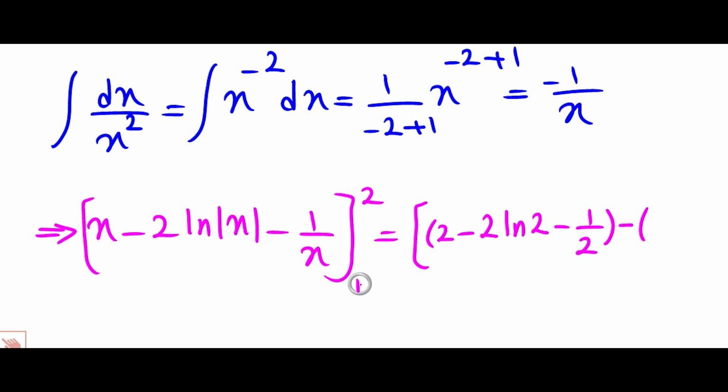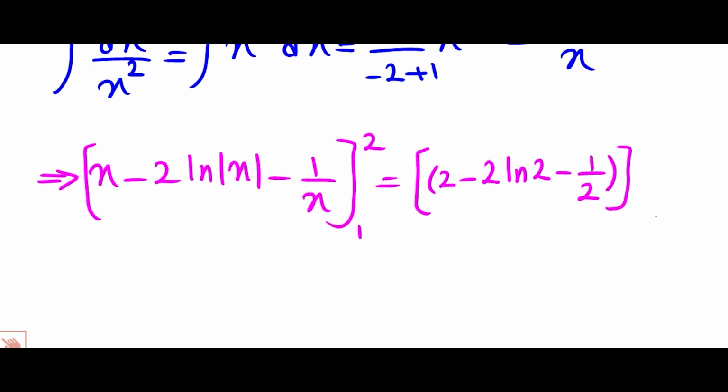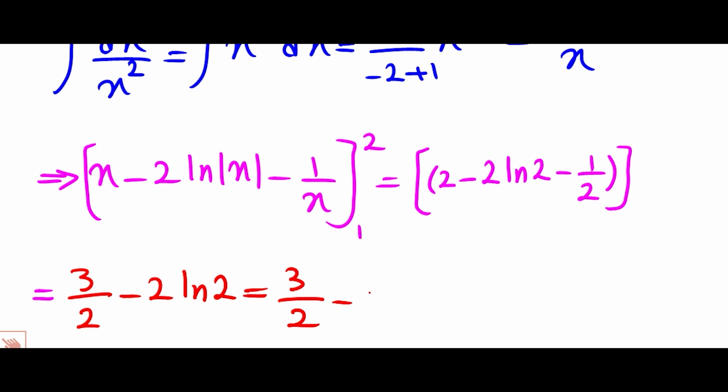Minus, when x equals 1, we have 1 minus 2 ln of 1. We know that ln of 1 is 0. So 1 minus 1 is 0, right? So the final answer is 2 minus 1 half, which is 3 over 2 minus 2 ln of 2, or 3 over 2 minus ln of 2 squared, or ln of 4.